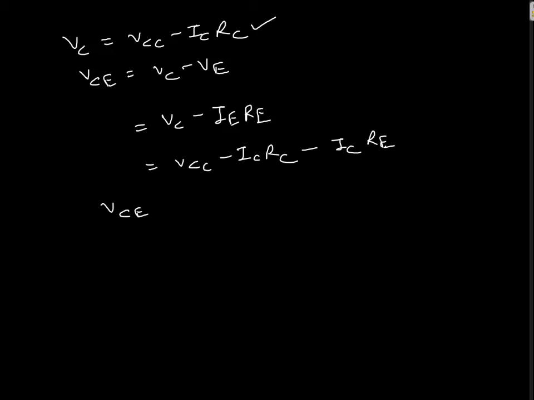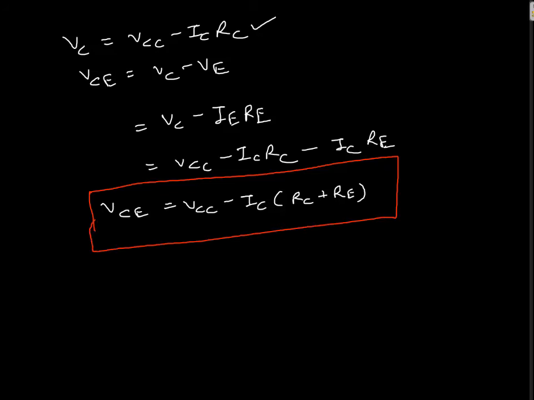So VCE will be VCC minus, if we take IC common, IC times RC plus RE. So this is the second expression which we need to find out.